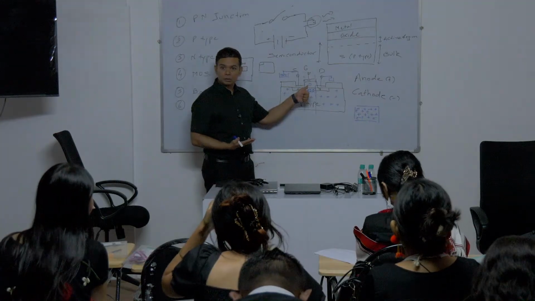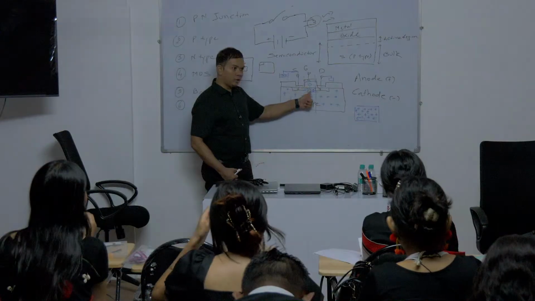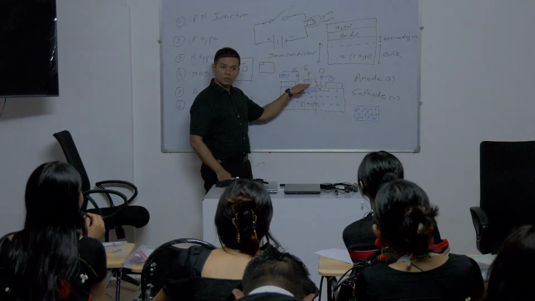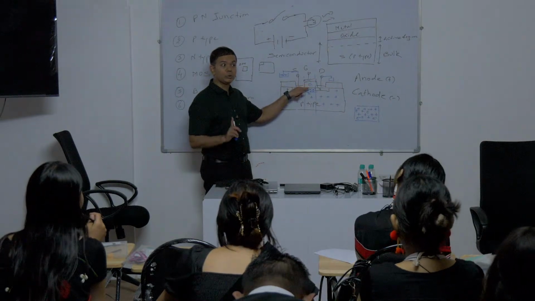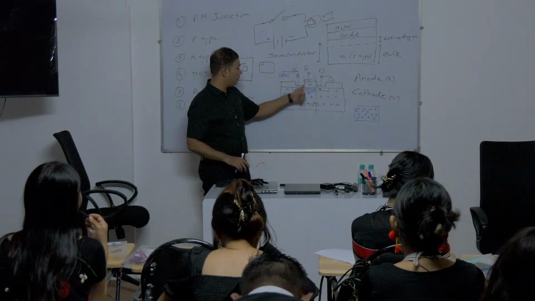Yes or no? So just consider your electrons as a current. The current is flowing in this direction now, but it cannot pass through. So oxide acts as a closed switch. Just understand, it will not allow anything to pass through.